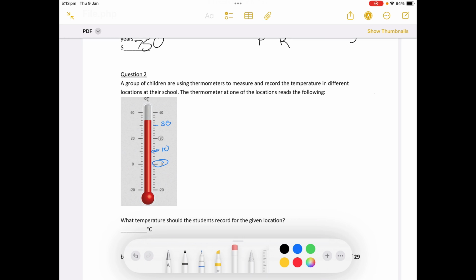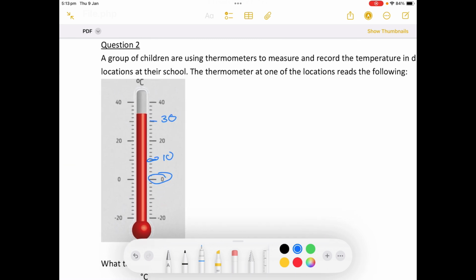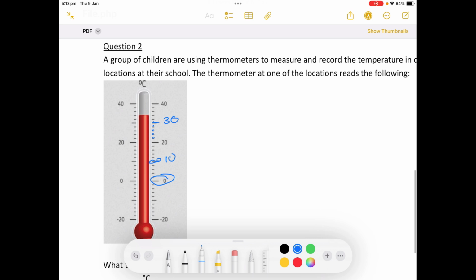Right, now let's have a look. Between 20 to 30, let's have a look how many little lines I've got. So I've got 1, 2, 3, 4, 5. Okay, so I make 5 jumps to get to 30. So each little one, I've got to work out how much there is. So I've got 10 numbers difference between 30 and 20 and 5 little jumps.